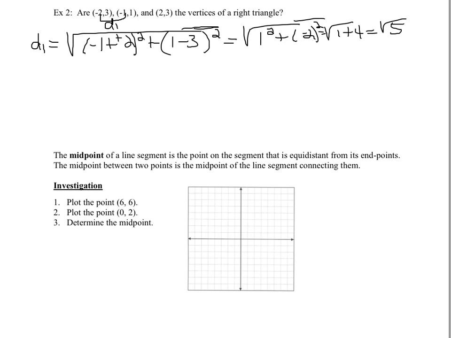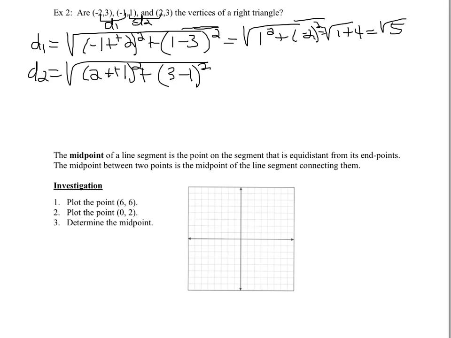Now we've got to do another distance. I'm going to do the distance between these 2 points and call that distance 2. So for distance 2, again I want to subtract my x's, so that would be 2 minus -1 squared, or plus a positive, and my y's would be 3 minus 1 squared.